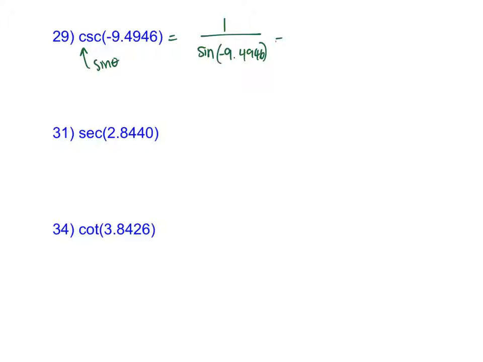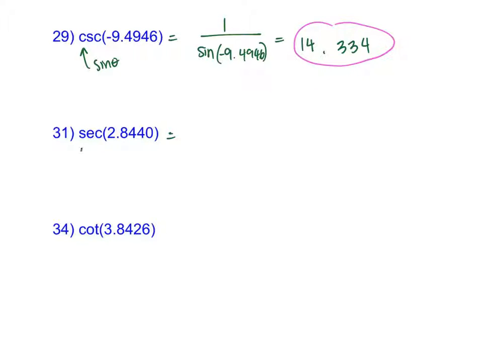So I'm going to do 1 divided by sine of negative 9.4946 in the calculator. When you type this in, let's round to, again, 3 decimal places, you get 14.334. And so that's what I got when I typed it in.